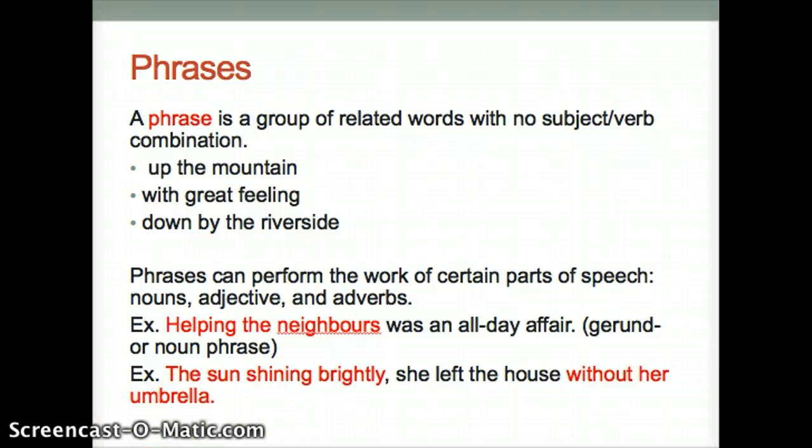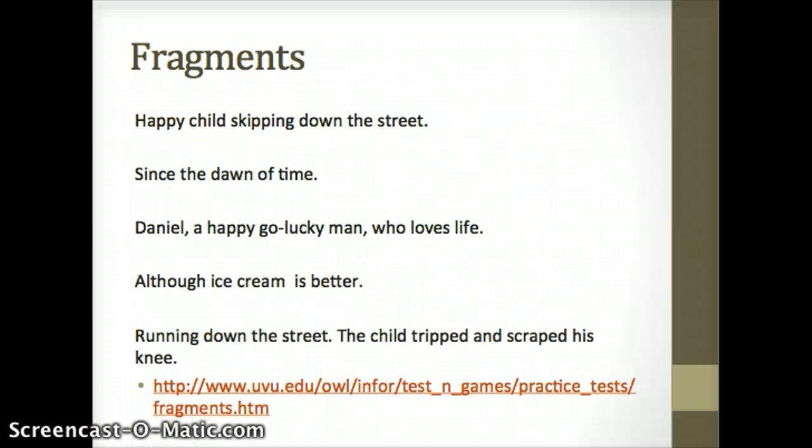So these are some examples of problem sentences that you might end up using in your writing, and this is, you know, it's a fragment if it doesn't have the subject-verb combination and it can't stand on its own, so it's an incomplete thought. So the first example, happy child skipping down the street.